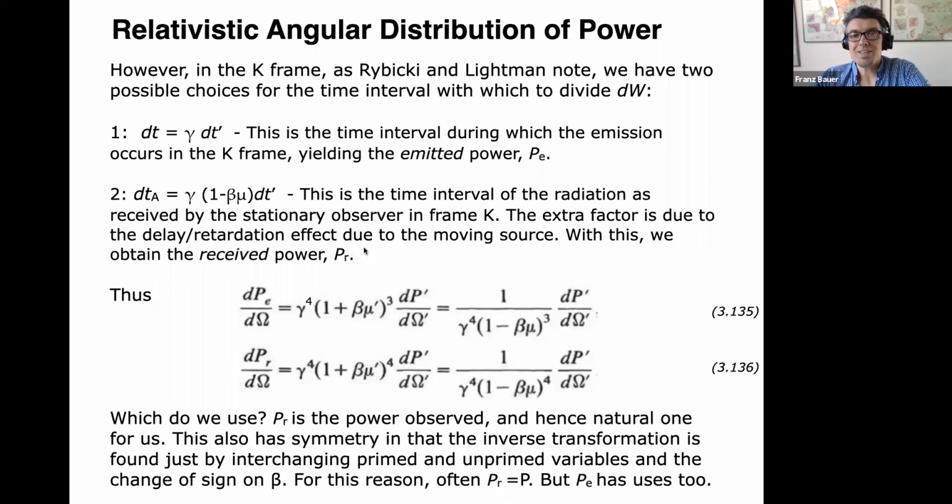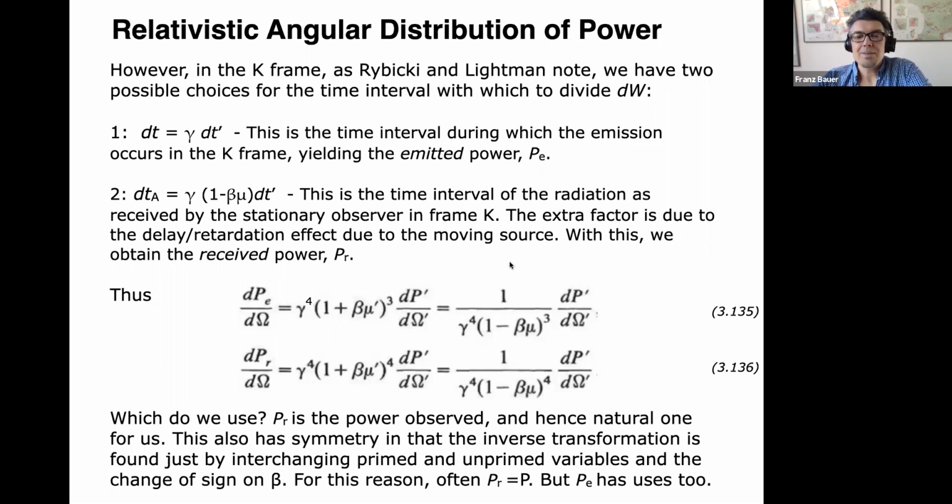And what is interesting is that the power emitted and the power received are not necessarily equal, but they're modified by this Doppler factor. So we can calculate the power emitted per unit solid angle or the power received per unit solid angle. And these end up being related by 3 powers of this thing for the emitted, 4 powers of this thing for the received, times this thing.